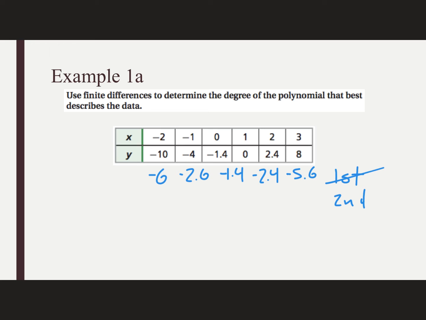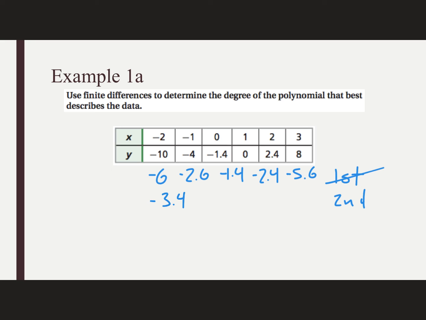Now we're going to do the same thing with the next set. I'm going to start out with negative 6 minus negative 2.6, and then negative 2.6 minus negative 1.4, and so on to get the next set of differences. Negative 6 minus negative 2.6 is negative 3.4.